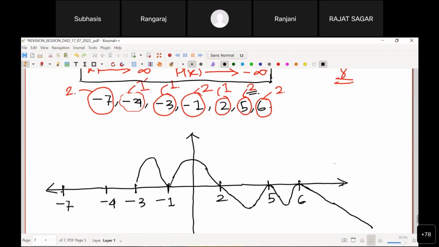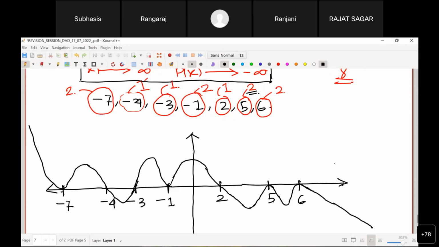Since the multiplicity of -3 is odd, it will cross the x-axis, and again it will go to -4, and the multiplicity of -4 is 1. It will cross the x-axis. Then since the multiplicity of -7 is 2, it will reach -7, then bounce back.